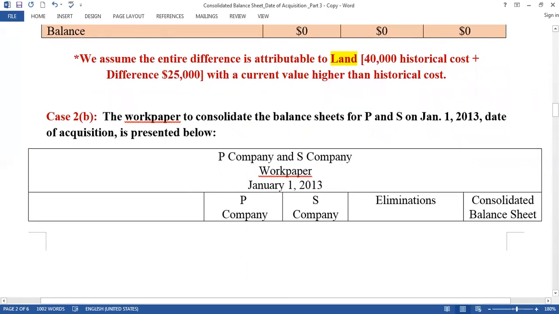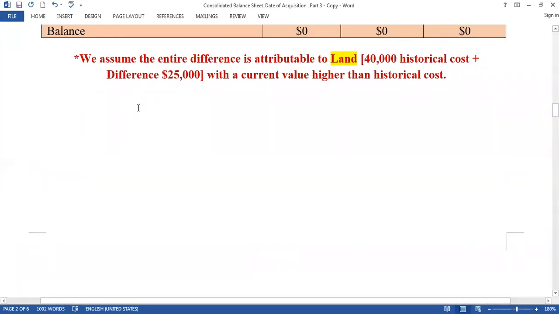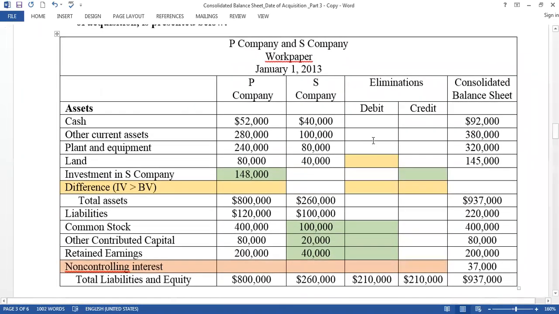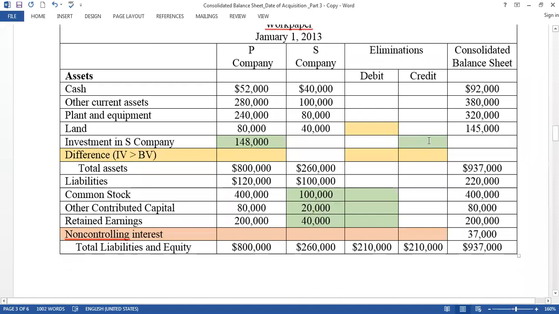Now how to do this in the work paper? Because in the exam I will mainly ask you to do this working paper. My suggestion is that before doing the working paper, you record the journal entry first, because this is the elimination column.